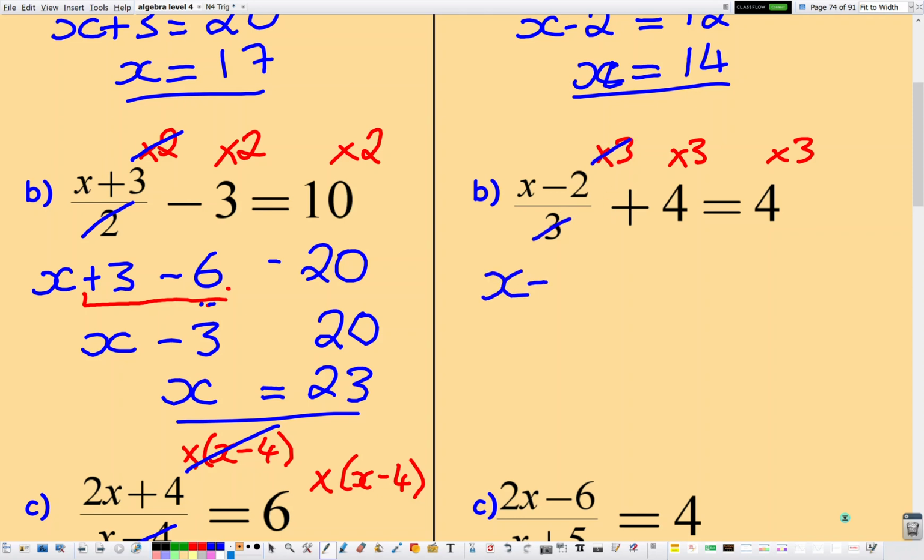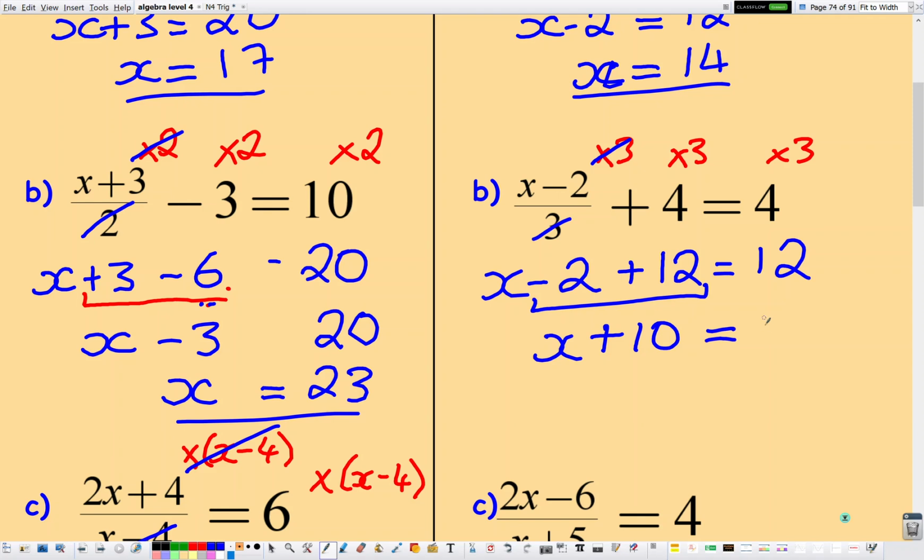I've got x minus 2 plus 12 equals 12. Sort out this little bit there, which is x minus 2 plus 12. That's going to be x plus 10 equals 12. Take away 10 and that's me done. 12 take away 10, x equals 2.